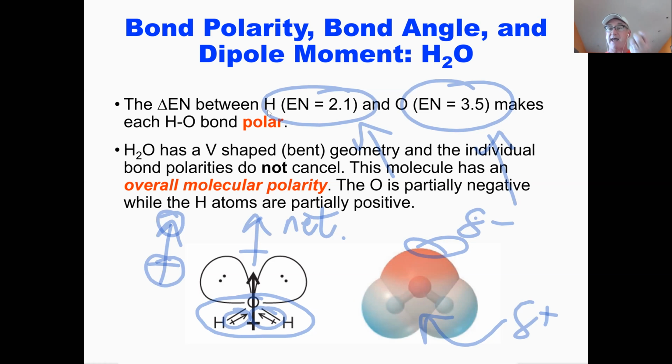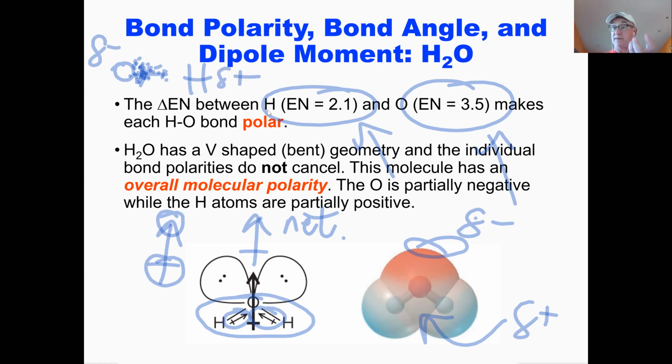Since hydrogen has a lower electronegativity than oxygen, if we look at this bond as just the density of electrons, the oxygen pulls those electrons toward itself and away from the hydrogen. So we have a lot more electron density near the oxygen, making it slightly negative and the hydrogen slightly positive.